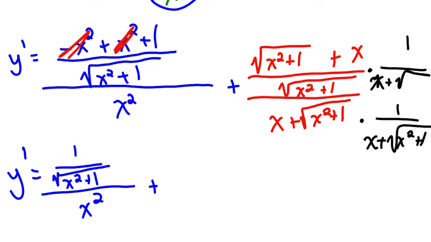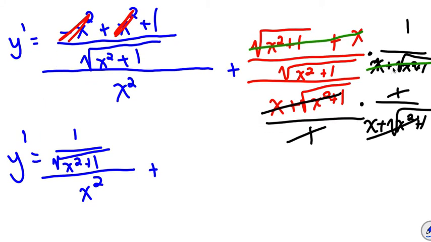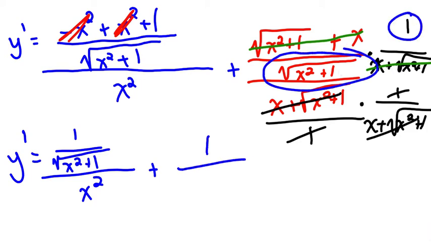Okay, now this is over 1, so this just cancels all this out. And actually in the numerator then, we can see the x plus square root of x squared plus 1 is in both of those. So now all I'm left with over here is just 1 over square root of x squared plus 1.